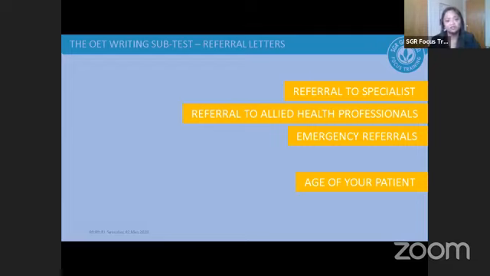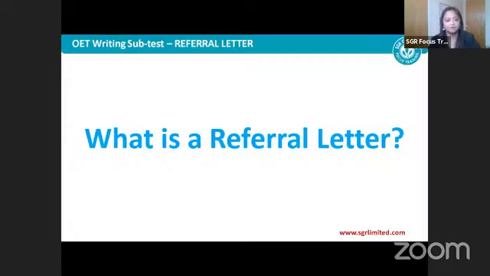So take into consideration the age of your patient as well. And also, lastly, ask yourself, if this letter was not initiated by you and it was requested by someone else, then mention that on your letter as well. And it helps with your conciseness and clarity criteria.